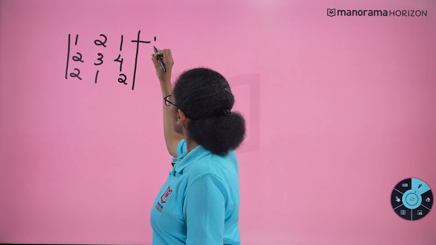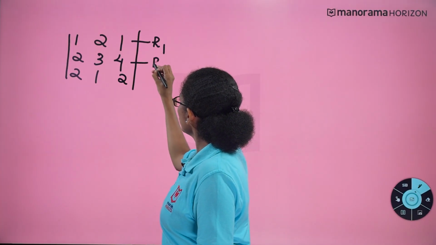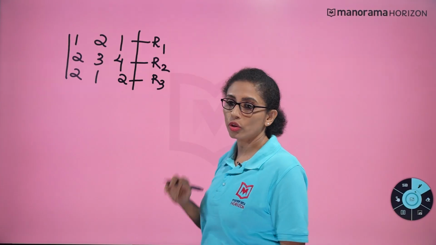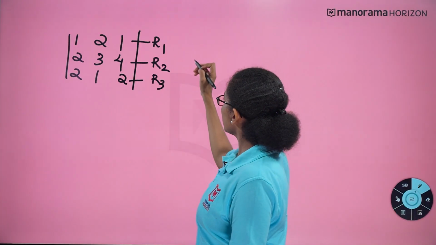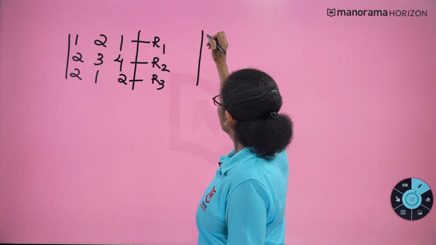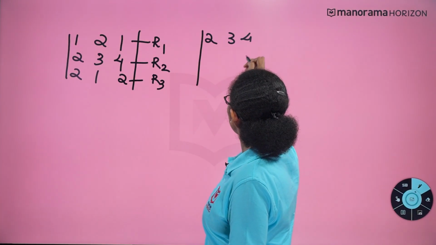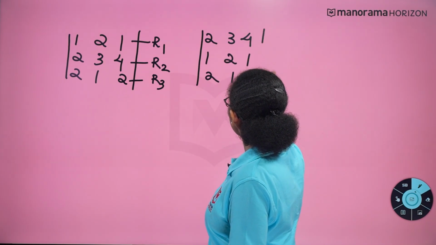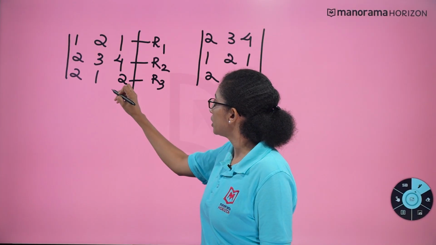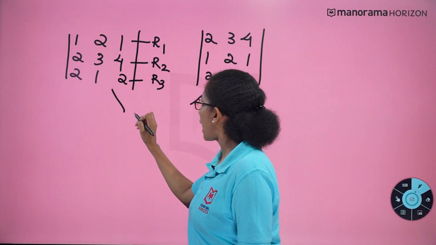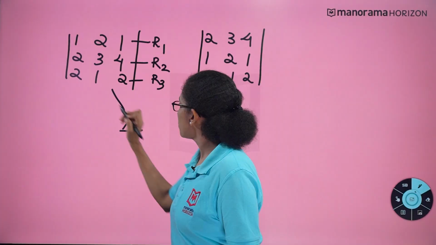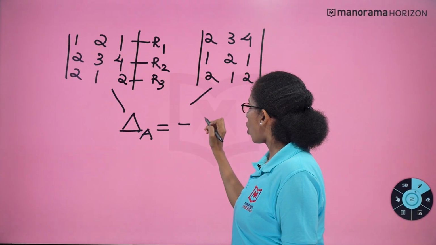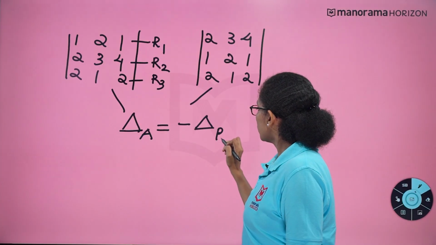Now this is our row 1, this is R2 and this is R3. Now if I interchange row 1 and row 2, I get the determinant as 2, 3, 4, 1, 2, 1, 2, 1, 2. Now if we take the determinant of this and this, we can see that determinant of this matrix, let it be A, will be equal to minus of determinant of this matrix, let it be B.